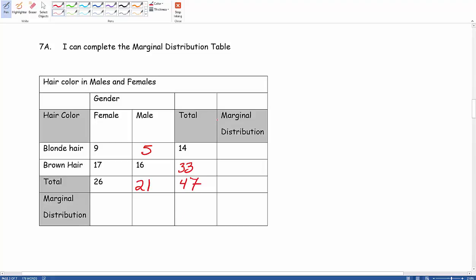Now, when we're looking at the marginal distribution, it's very similar to our relative frequency tables, where we just take the total for each individual item. So in this case, for the blonde hair, we have 14 divided by the total count of 47.